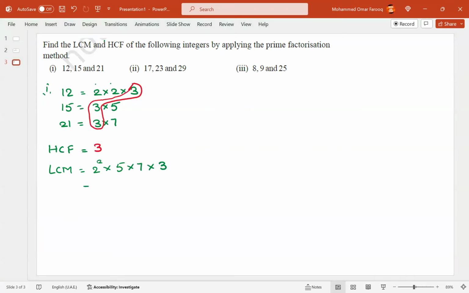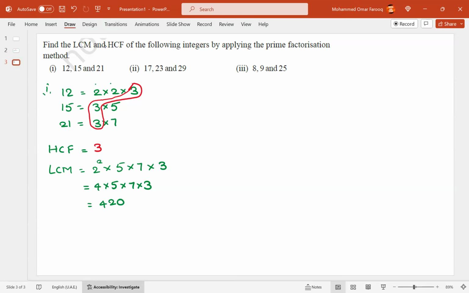So that equals 2 square is 4, 4 multiplied by 5 multiplied by 7 multiplied by 3. 4 fives are 20, 20 sevens are 140, 140 threes are 420. So this is how we take LCM.